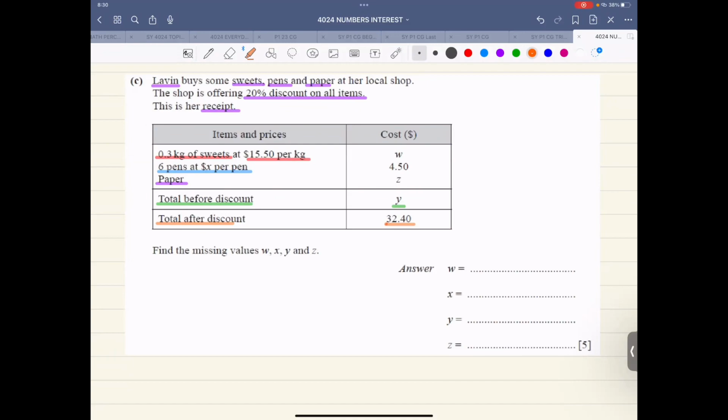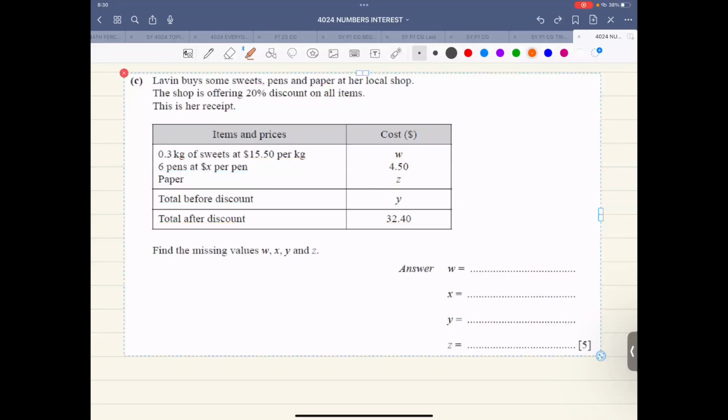Find these missing values. The first one is W. The second one is X over here. The third one is Z. The fourth one is Y. And the fifth one is the value that is already known.